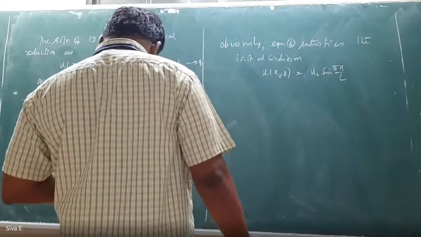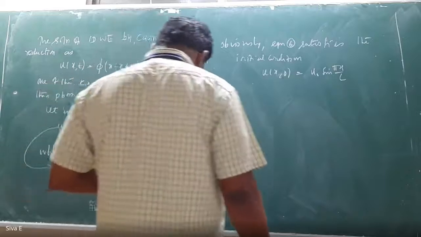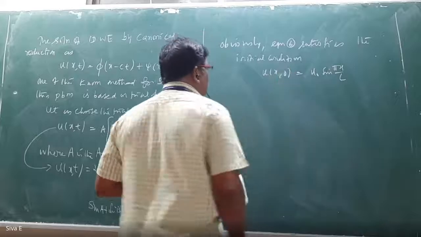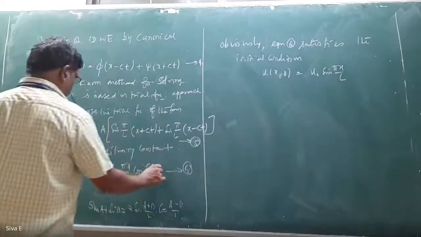Okay, so what is u of x comma 0? u of x comma 0 means t equal to 0.